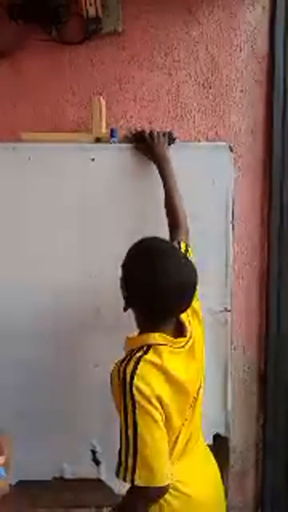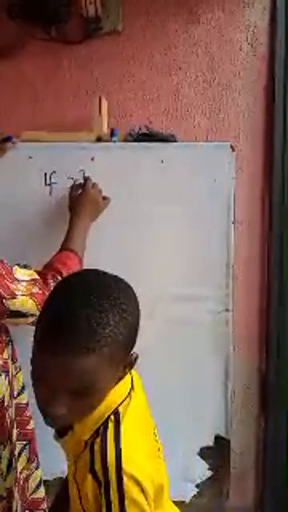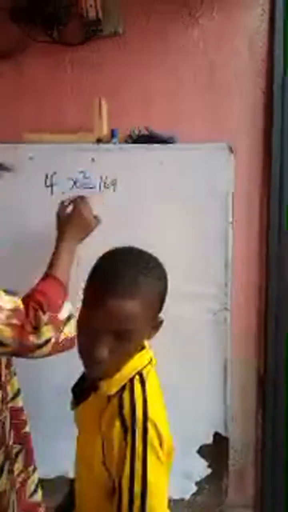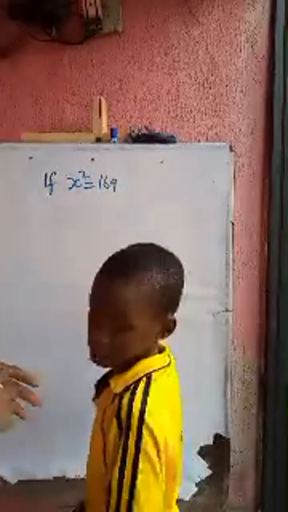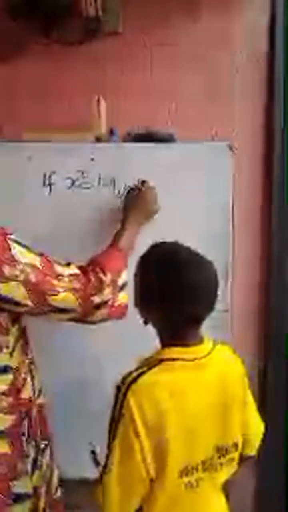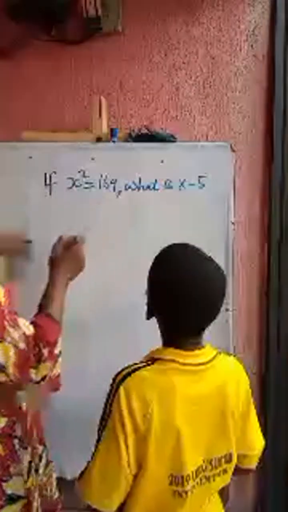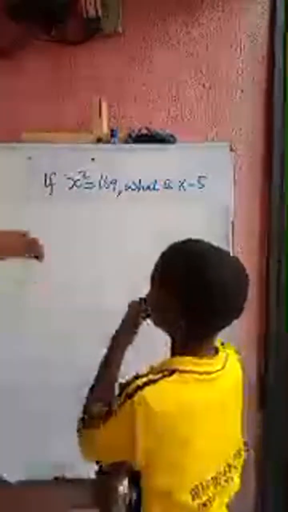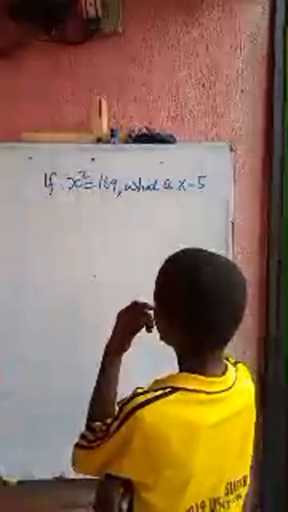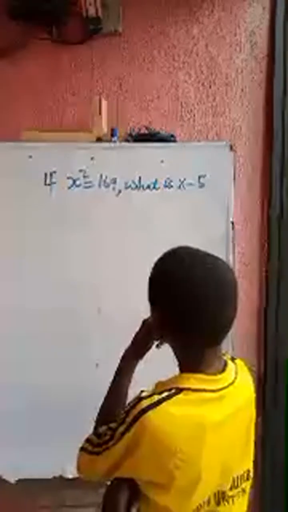Our next question is: if x square equals 169, what is x minus 5? Now look at this problem critically. If x square equals 169, what then is x minus 5?